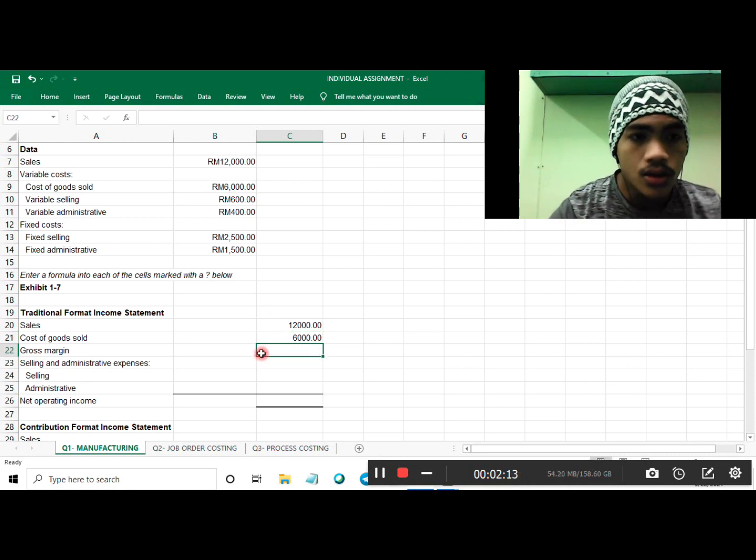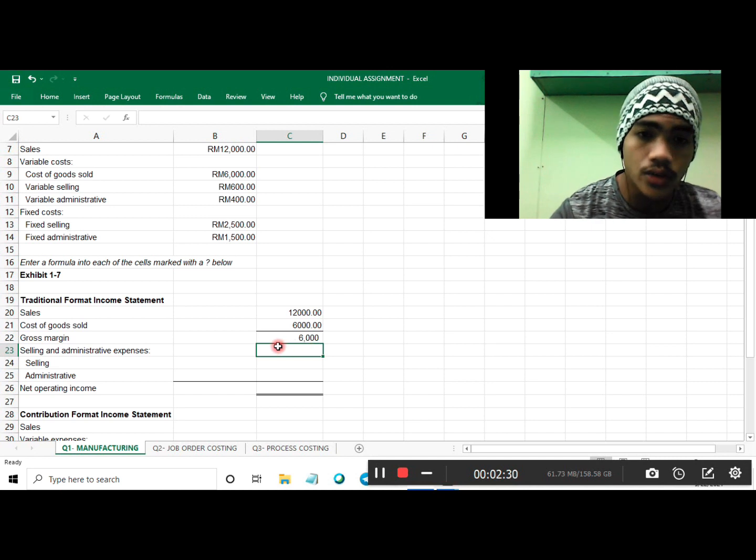Sales 12,000 minus cost of goods sold 6,000, we get 6,000 for gross margin, and then we need to deduct selling and administrative expenses.